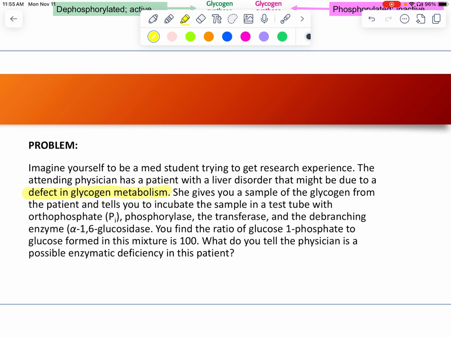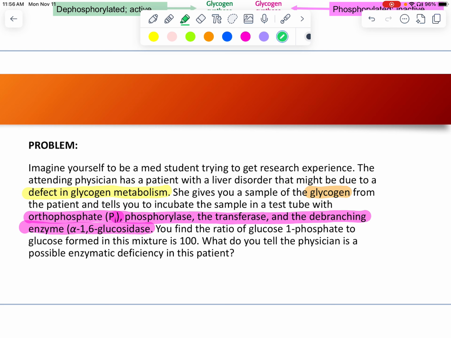She gives you a sample of the patient's glycogen and tells you to incubate that sample in a test tube with orthophosphate, so just that phosphate, phosphorylase, transferase, and debranching enzyme. If you think about where we've seen those, we have seen those in glycogen degradation. Those were our enzymes for glycogen degradation.